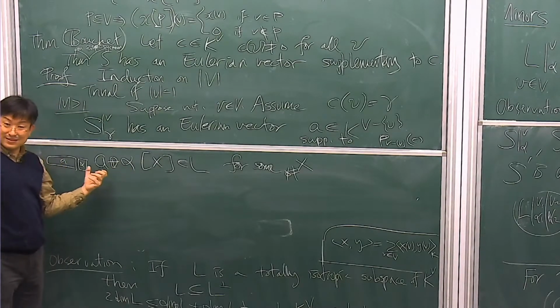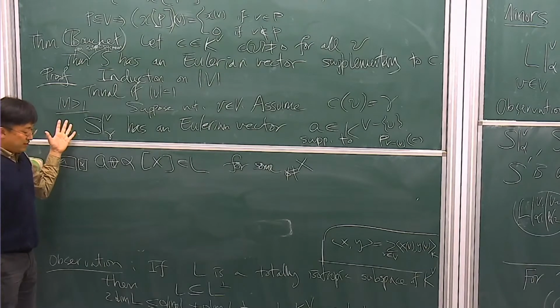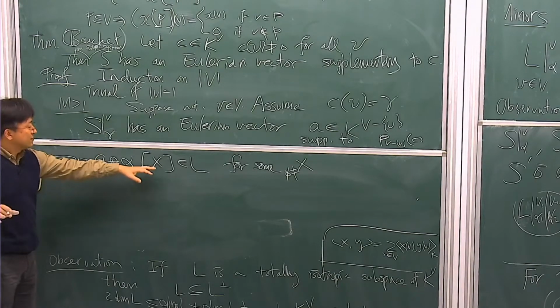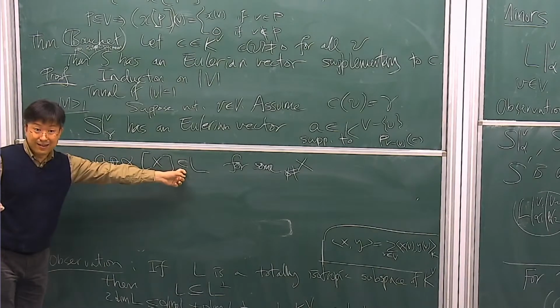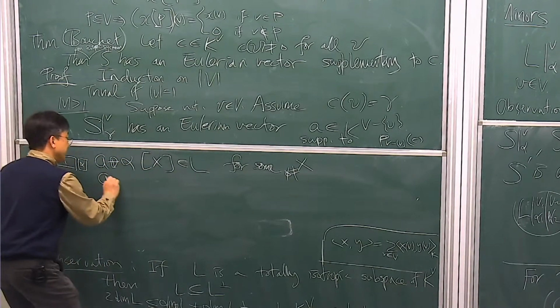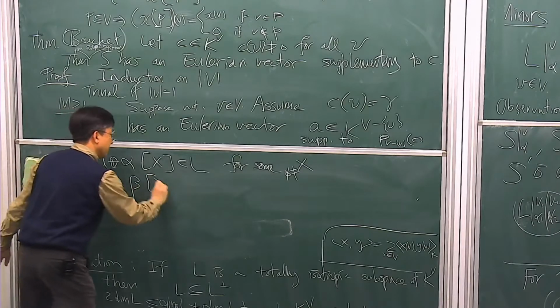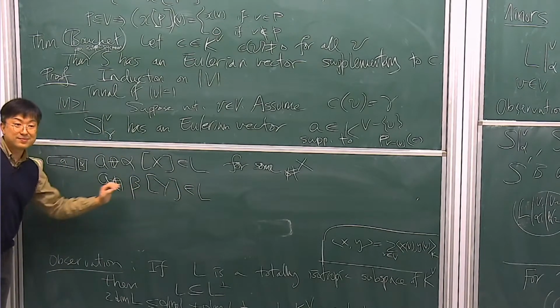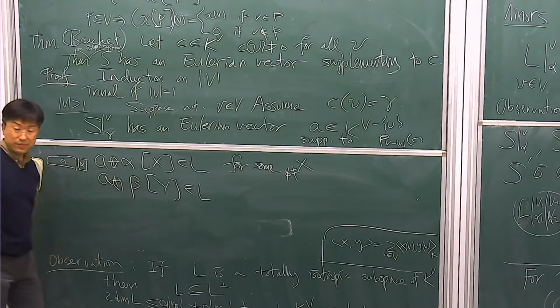That means there's one way to restrict it, so that if I ignore some coordinate to be 0, then it becomes a vector in L. And similarly, A plus beta is in L if we restrict to some subset Y.